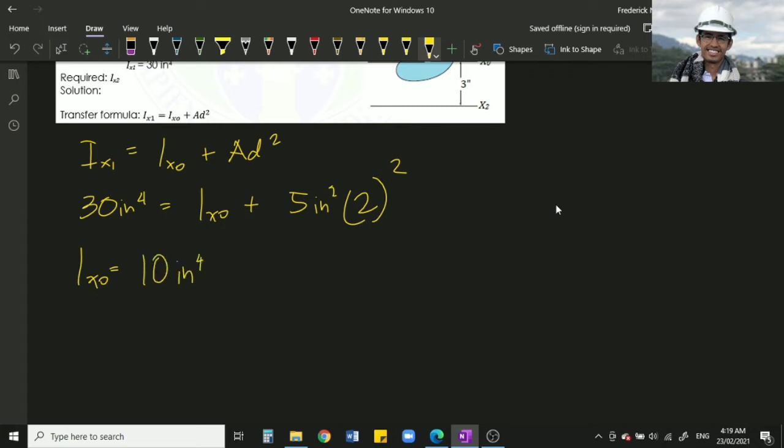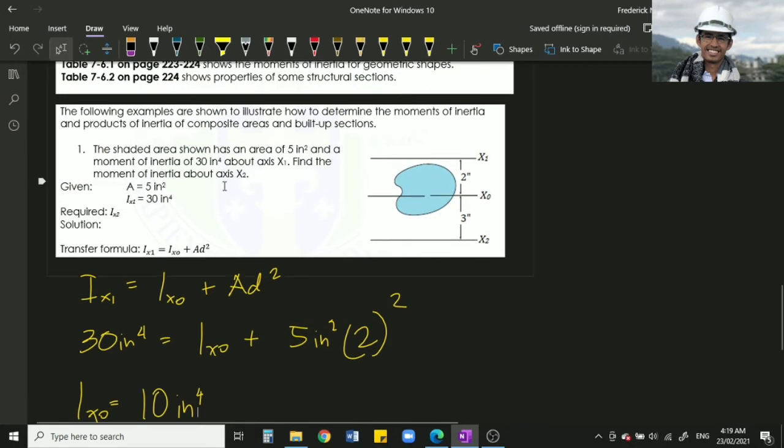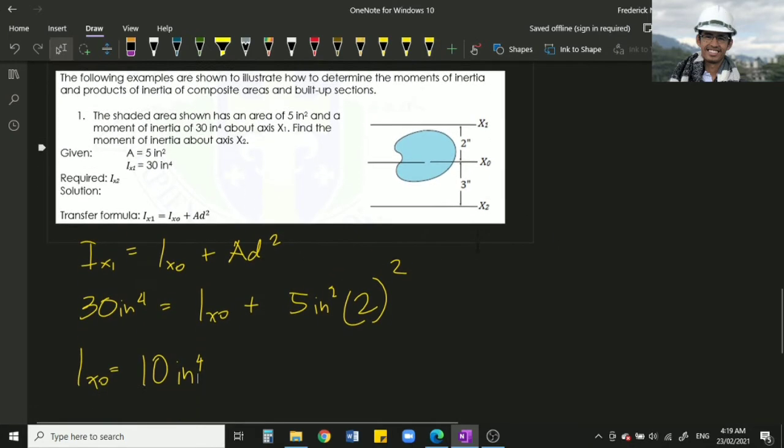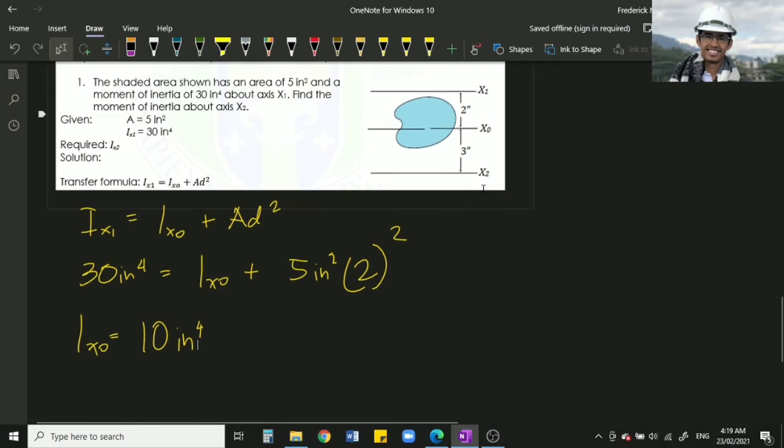inch raised to 4. Okay, so solving for the moment of inertia about axis x2, Ix2 is equal to Ixo plus AD squared.